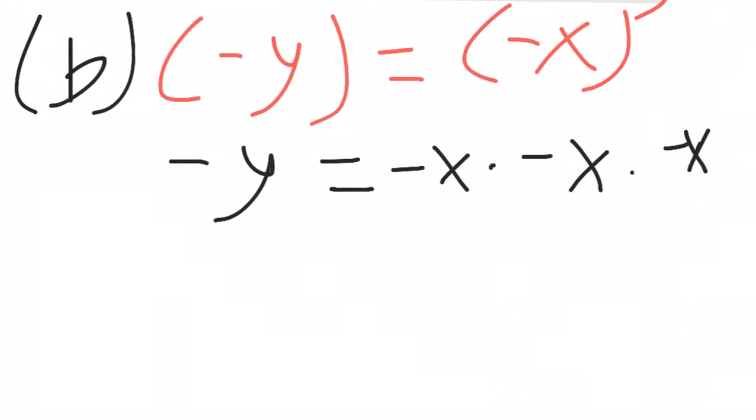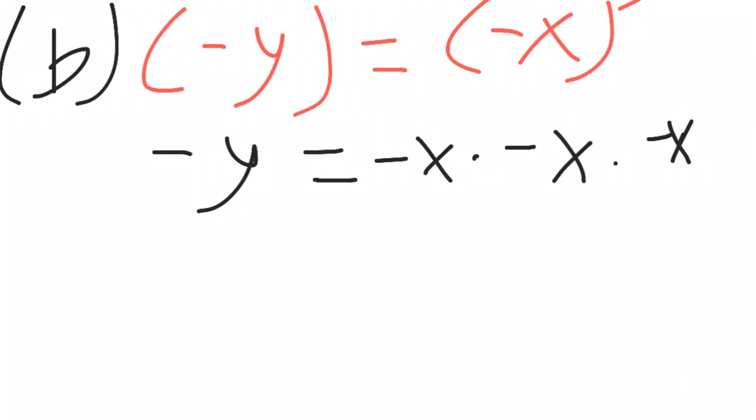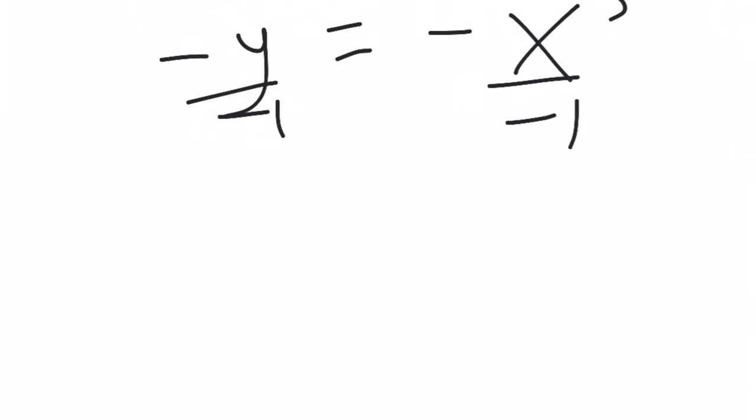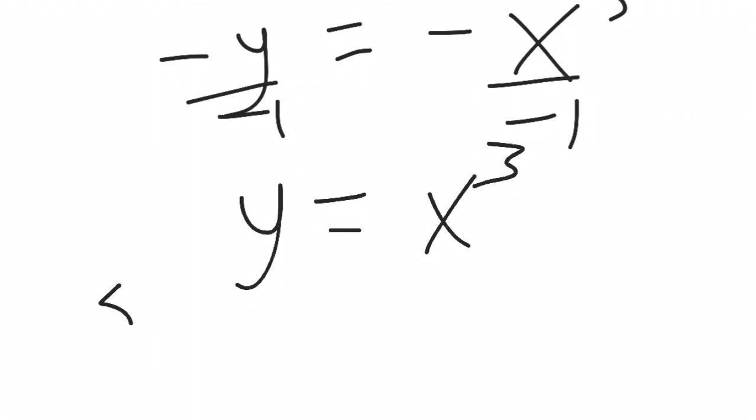Since you have a negative times a negative times a negative, that's the same as negative x to the third. Then you have negative y. So divide everything by negative 1. Then you do end up with what you started with. So yes, by that test, it is symmetric about the origin.